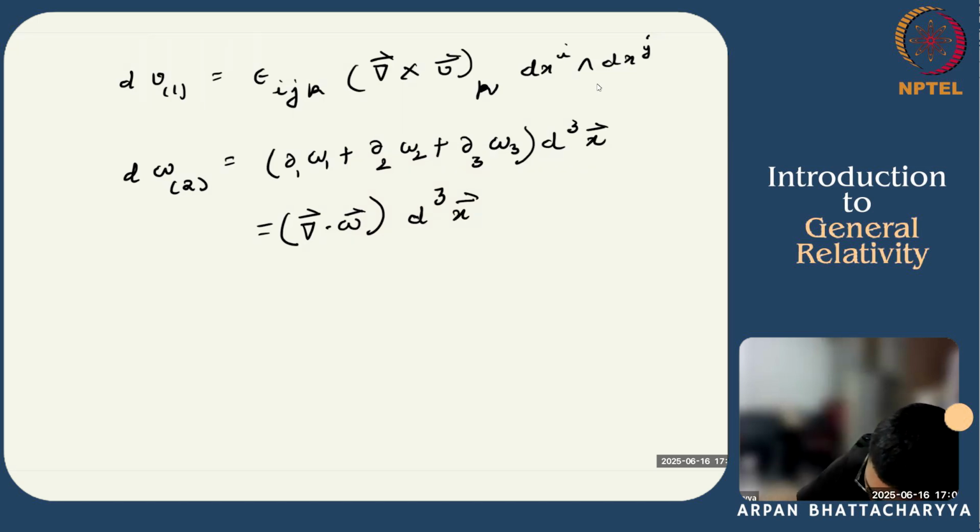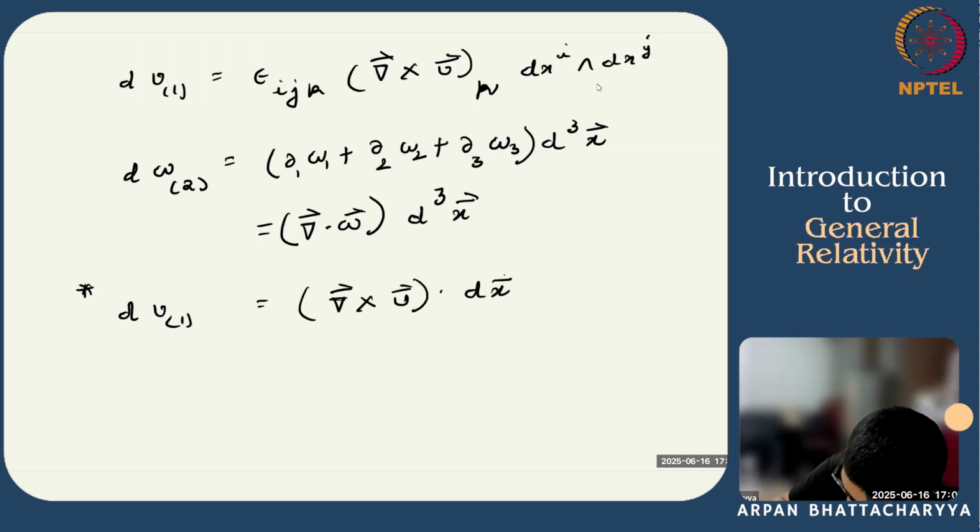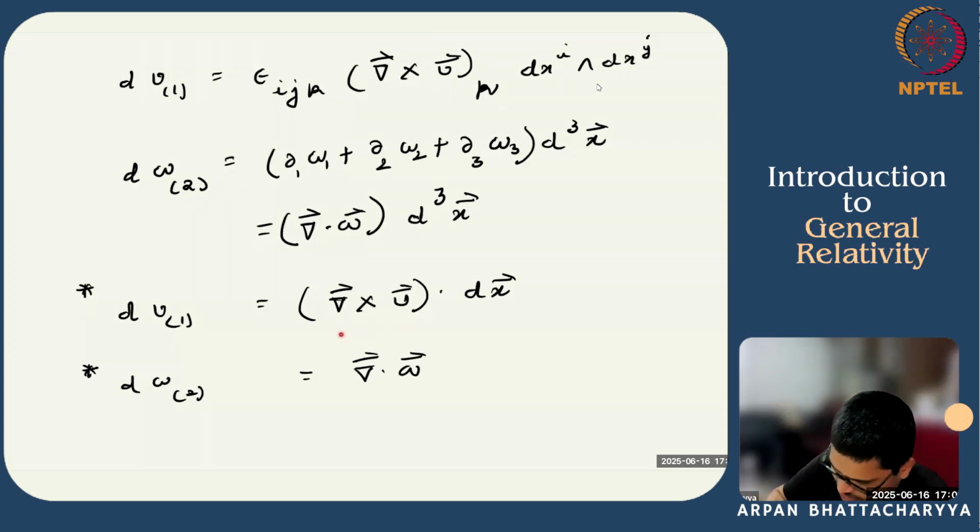So now if you take the star of both sides of these two things, star of d of the one form, star of del dot dx, and star of d of the 2 form, we have rewritten the curl of a vector and the divergence of a vector in terms of star and d acting on a 1 form and a 2 form respectively. Okay.